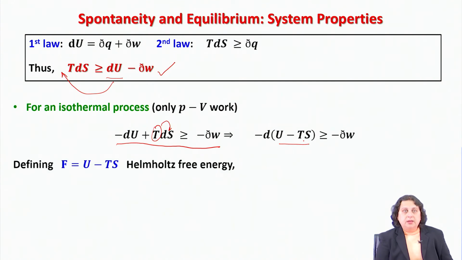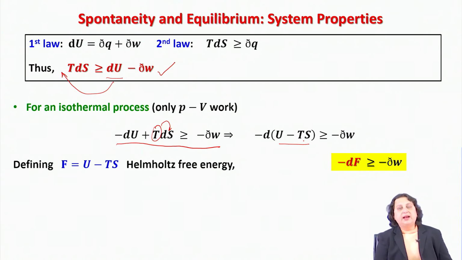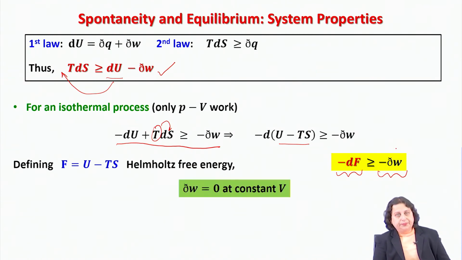Now, I know already that I can define the Helmholtz free energy as F, which is U minus TS. So my conclusion is that if I have an isothermal process, the decrease in Helmholtz free energy must be greater than or equal to the amount of work done by the system or on the system, depending on the sign of dW.